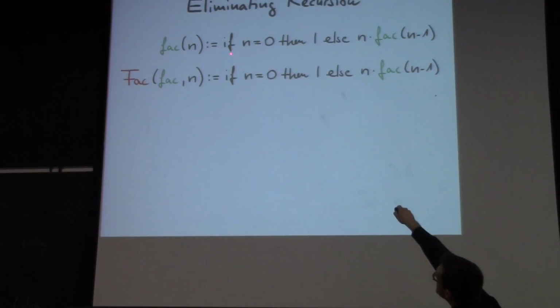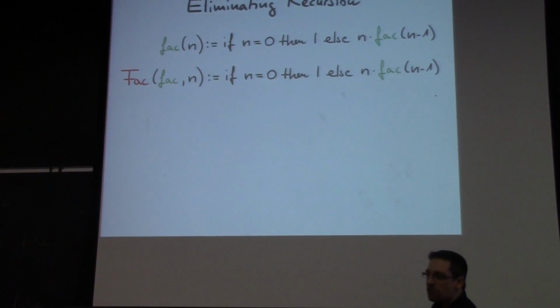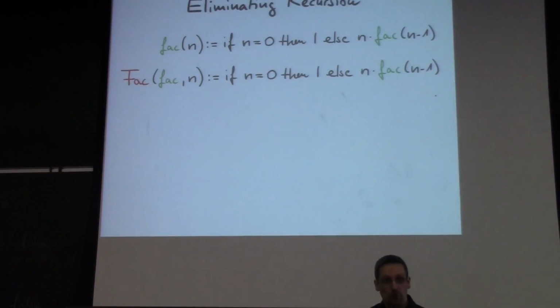Okay, so I'm just rewriting our program a little bit. So instead of defining this directly, what I'm doing is I define a new function, this rec fact here, that takes another function as input. The trick is, think of it like this. You want to compute the factorial function, and you know how to do it for one step.